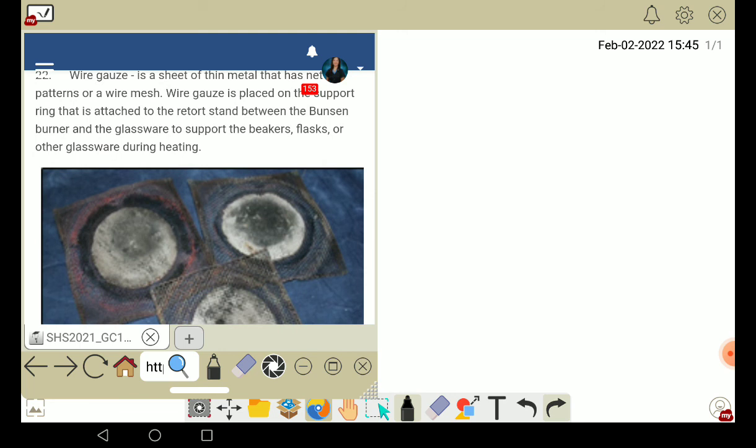What's the purpose of this? So that we could prevent our containers, especially glass containers, from directly contacting the fire, and to prevent the black substance from forming at the bottom of our container.